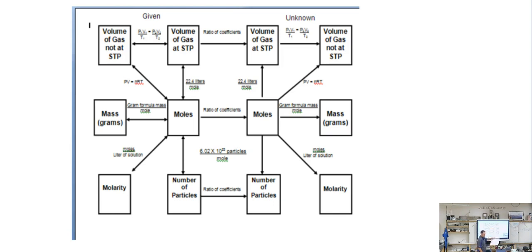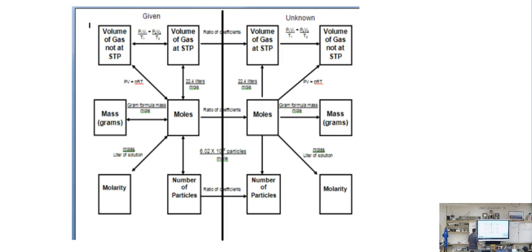So the first thing I need you to do on this is we're going to draw a vertical line right here that just goes right through the middle. And that line is there because you always have to cross that line in order to be done with these problems. Now, you might have to keep going, but you always have to cross it.